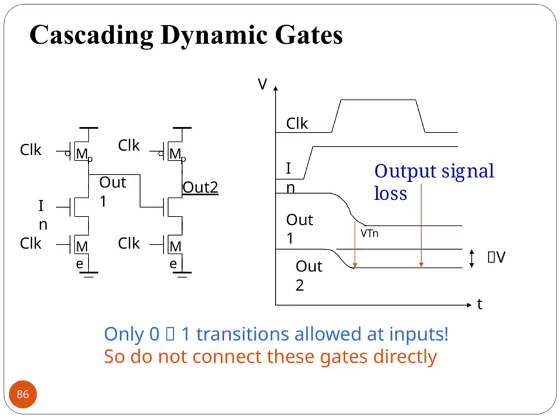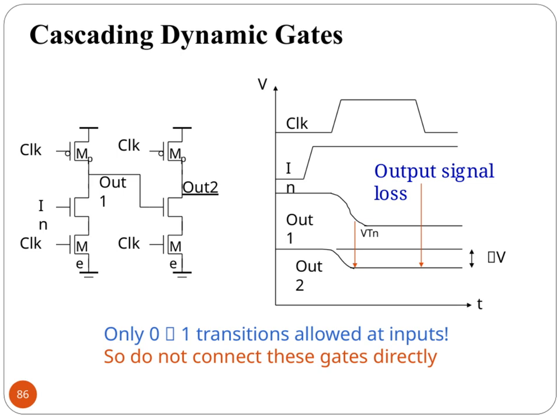Here, we're looking at cascading dynamic gates, which are a bit different from static gates. The key point to remember is that only 0 to 1 transitions are allowed at the inputs of these gates. This is crucial because if we connect these gates directly without considering this limitation, it can lead to issues such as output signal loss.